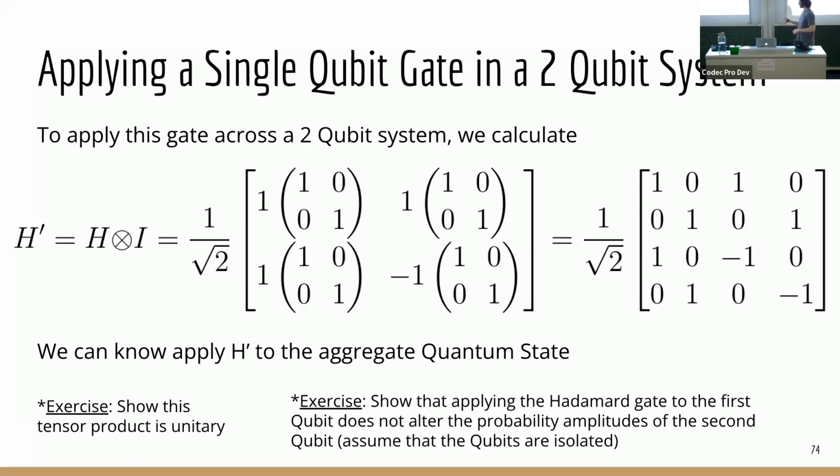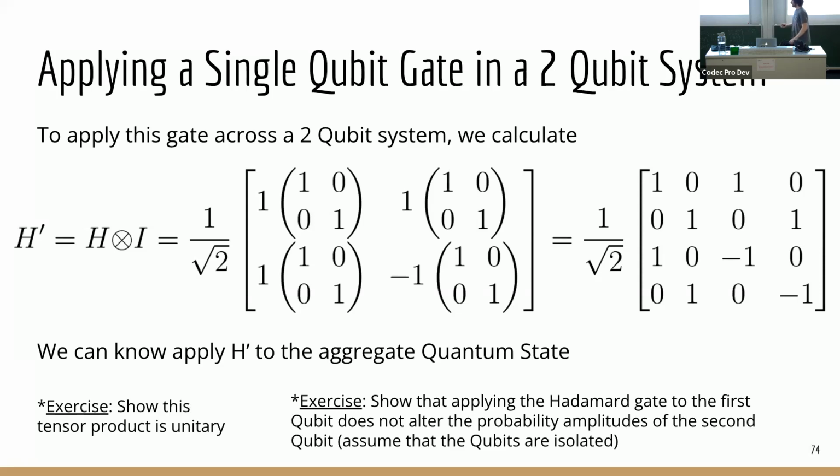And so in the end, what we're left with is this 4x4 matrix. And I leave it as an exercise to you to show that this tensor product, so this matrix here, is a unitary matrix. So it is obeying all of our rules on what a quantum gate can be.